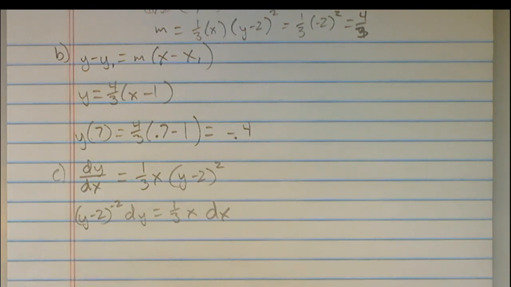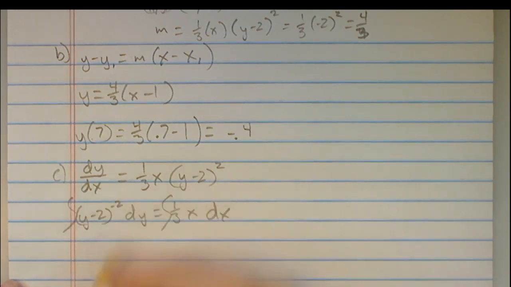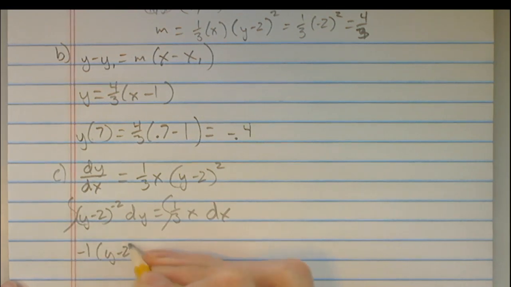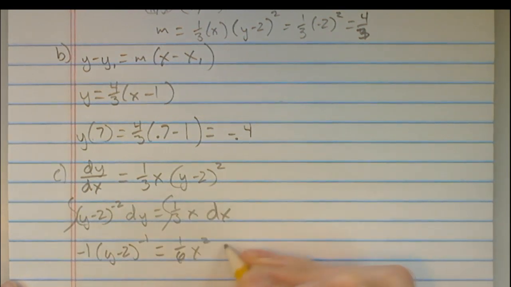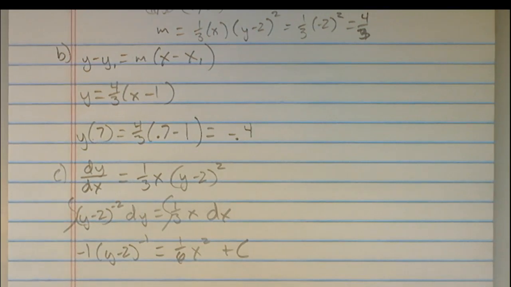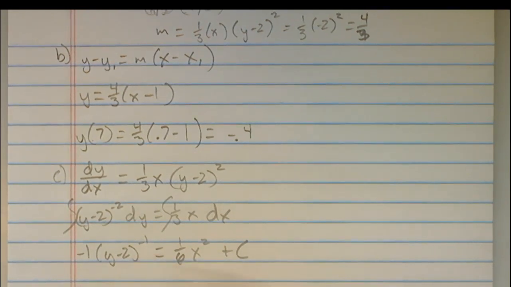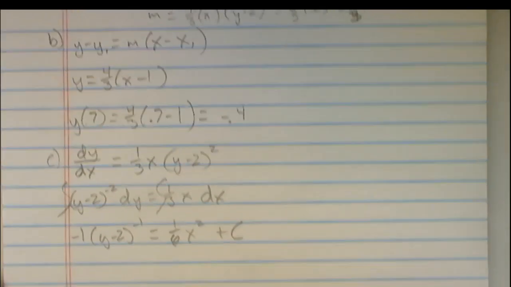In this case, we add 1 to our exponent and divide by the new exponent. So over here, we'll add 1, we'll get negative 1, and divide by negative 1. Then 1/6 x squared. We have a plus c on this side, but we subtract it and get our new constant.